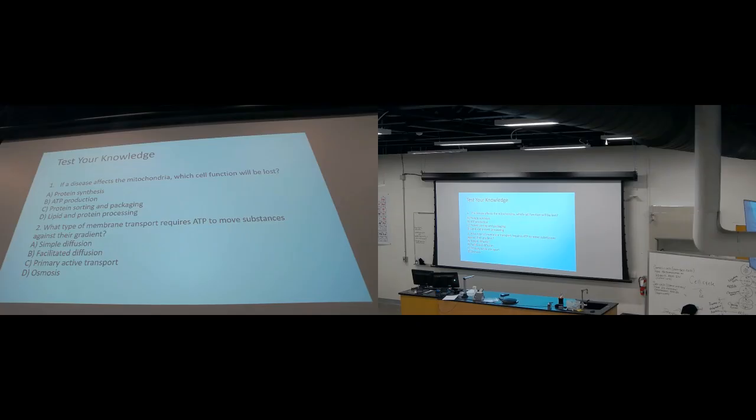From less to more, what do you need? Osmosis is the movement of water from more concentration of water to less concentration of water. So it's not osmosis. A, B, or C? C.